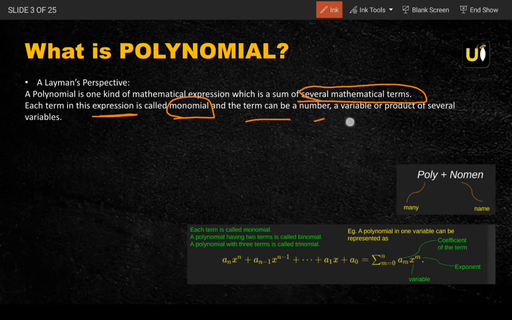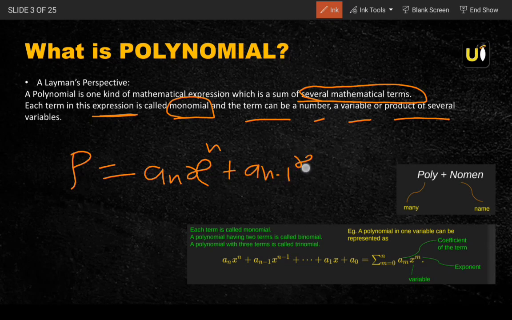So that means a polynomial, let's say, is a_n x^n + a_(n-1) x^(n-1) and so on up to a_0. So each single term is known as a monomial. Okay. So basically we can say a polynomial is a collection of several monomials.